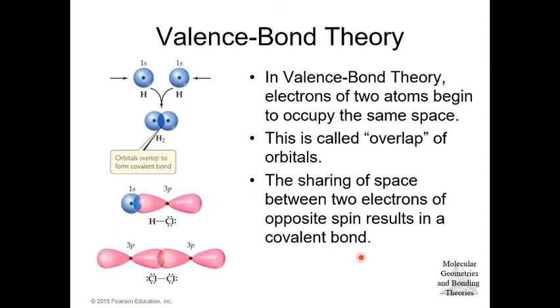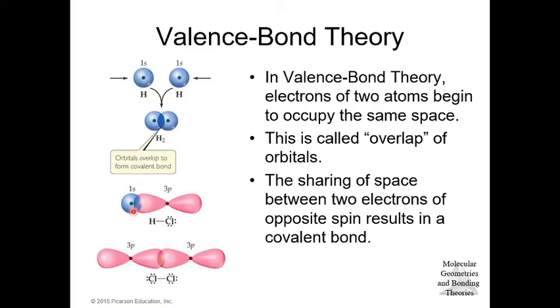The idea here is that when you have 2 atoms coming together to make a molecule, like in my example here, I have 2 hydrogens coming together to make H2. These 1s orbitals overlap. And where they overlap, that's shared space. There's your bond. Okay? Now, another example here is hydrogen chloride.